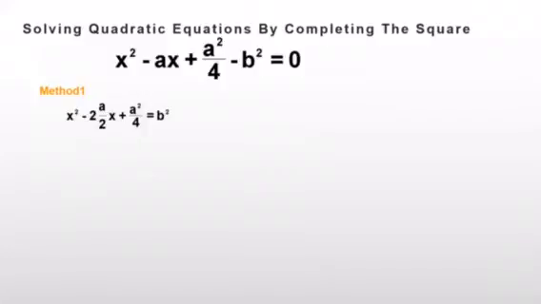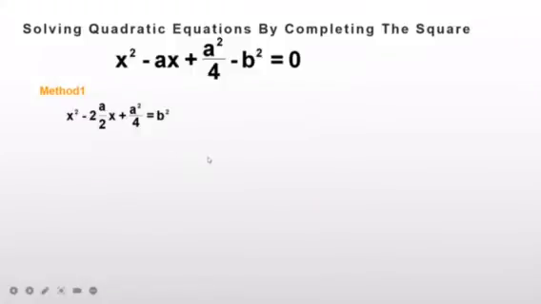But now you can see that this follows the pattern, I'm not going to use a here to prevent confusion, it's basically like n squared minus 2mn plus m squared, equals b squared, of course.